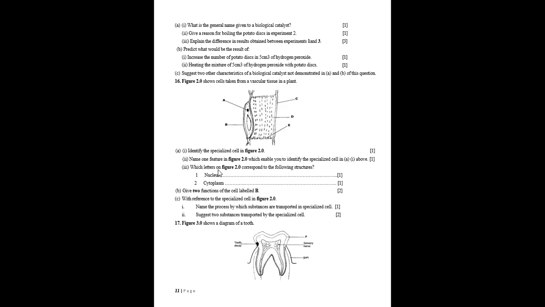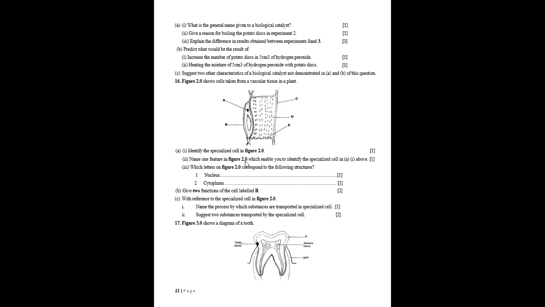Then which letter on figure 2.0 corresponds to the following structures? A is for nucleus. Then the cytoplasm, I bet it's D. D is for the cytoplasm.